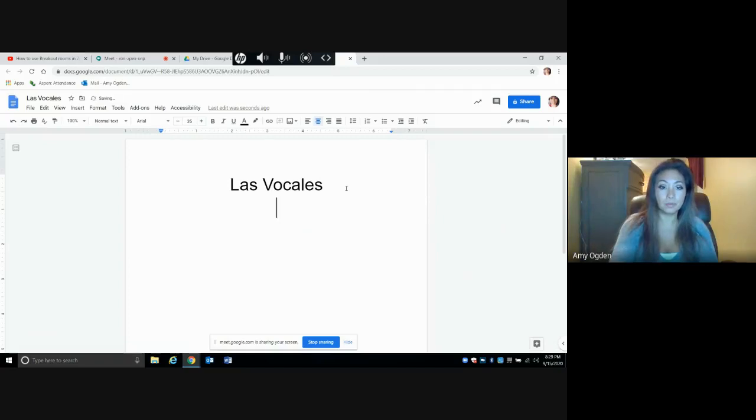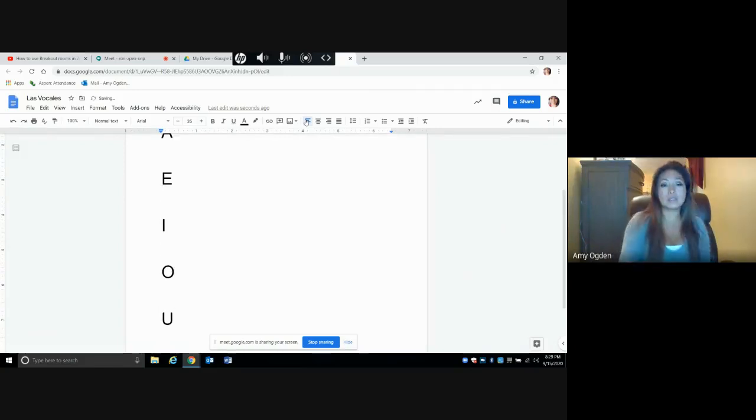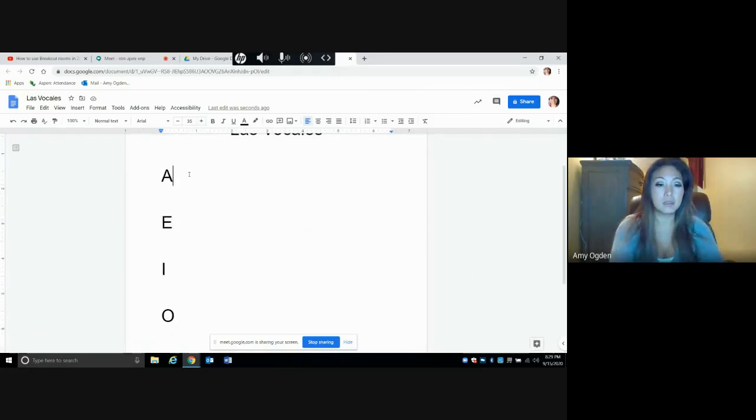So, the vowels are the same in Spanish and English. They just sound different. So let's write them down the side of our page. A, E, I, O, U. One thing that's not the same is they don't say sometimes Y. Just A, E, I, O, U. Okay? So, the A makes the sound ah.